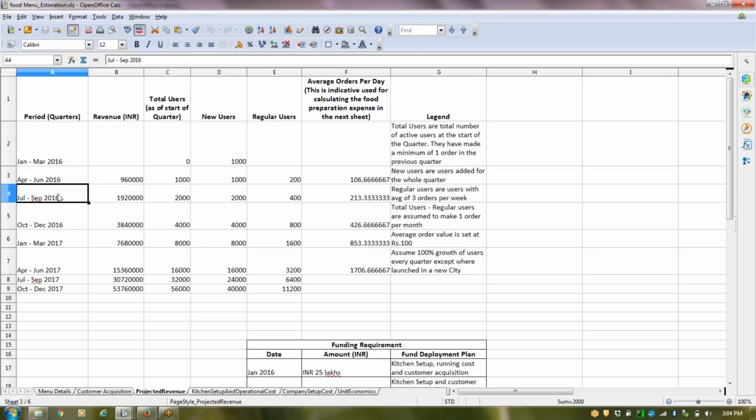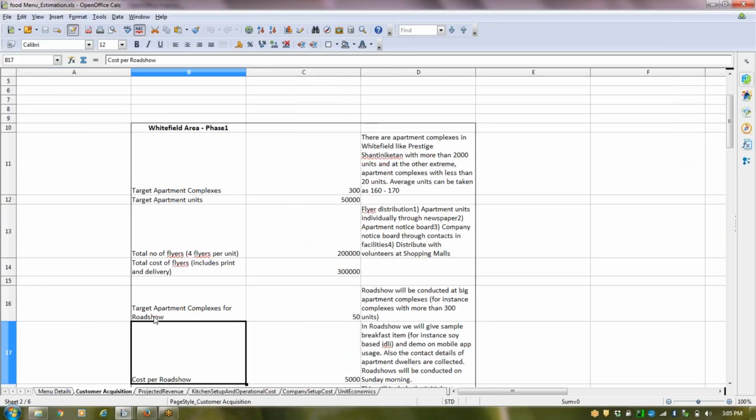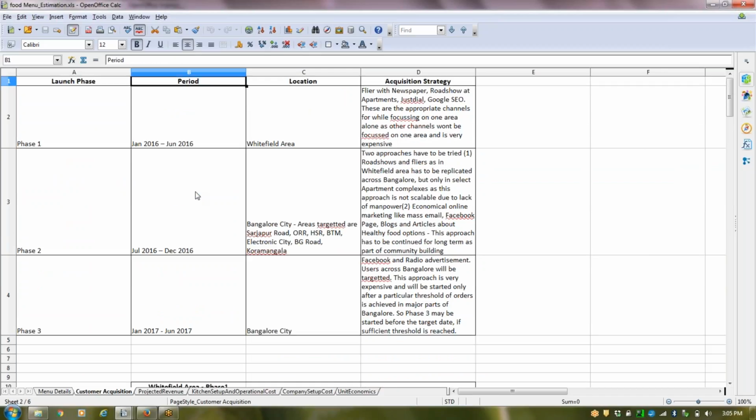You can see the difference in this third quarter is that they are entering the second phase of their planning. What happens in the second phase? In the second phase, they replicate the strategy in multiple areas in Bangalore city.